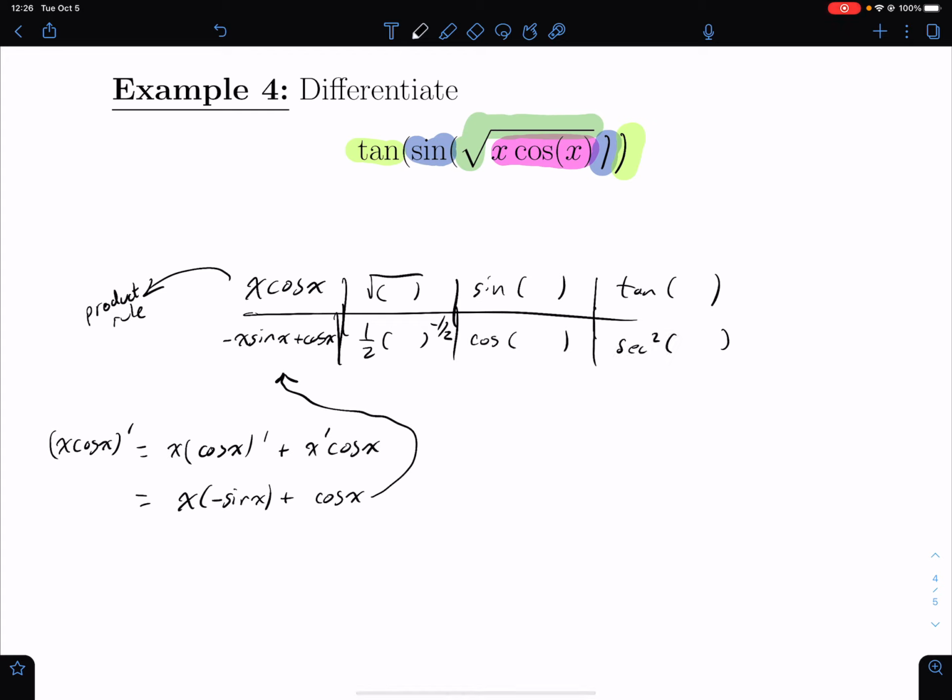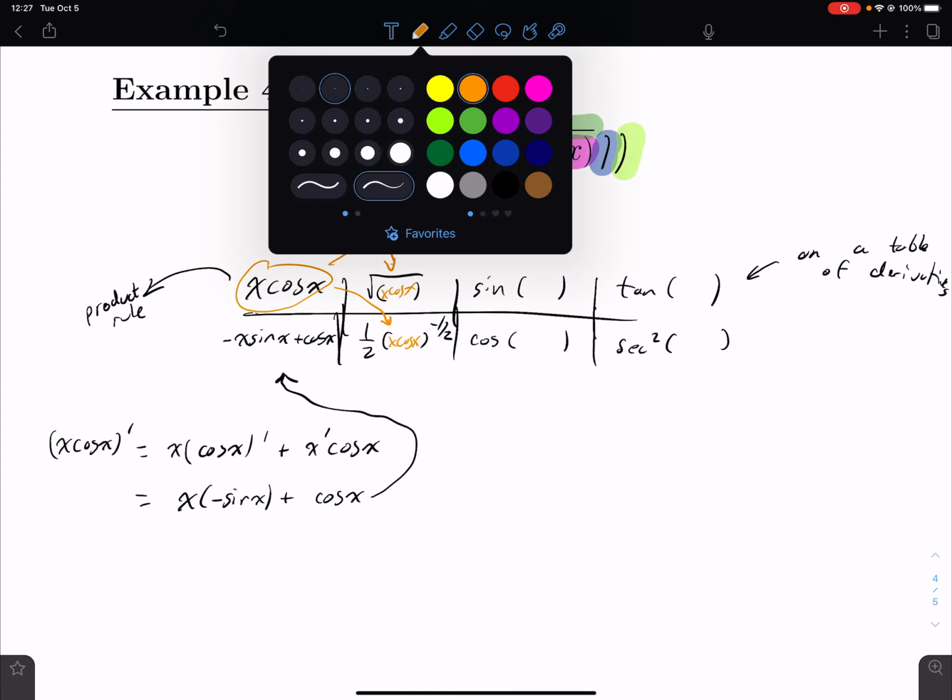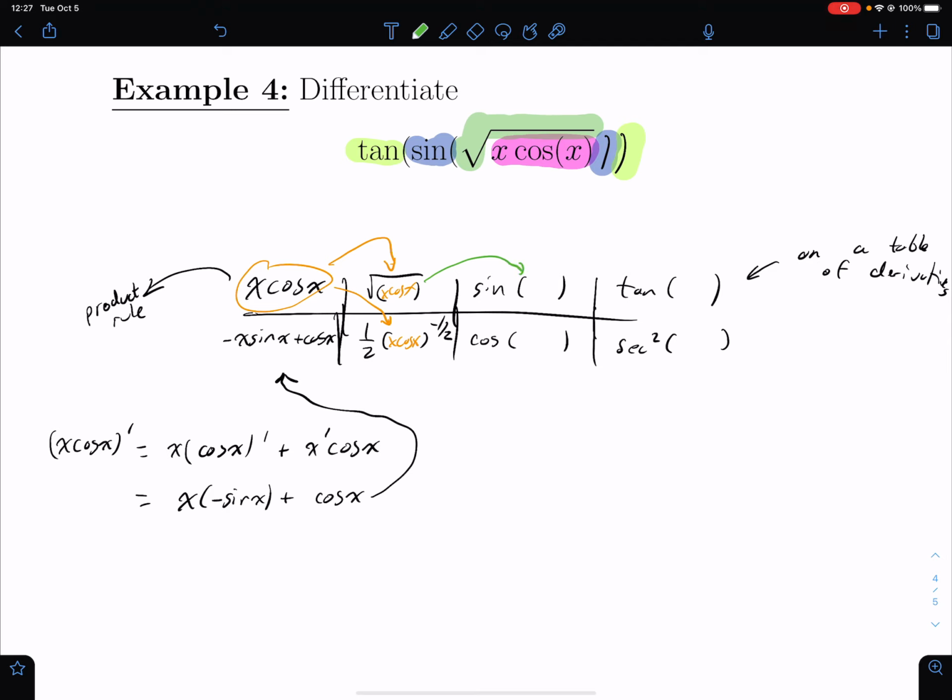This one is on a table of derivatives. And then I've actually done all the hard work here. This was not a straightforward problem, but now that I've done my legwork, this goes here and here. And then these just snowball. So this one will be root x cosine x.